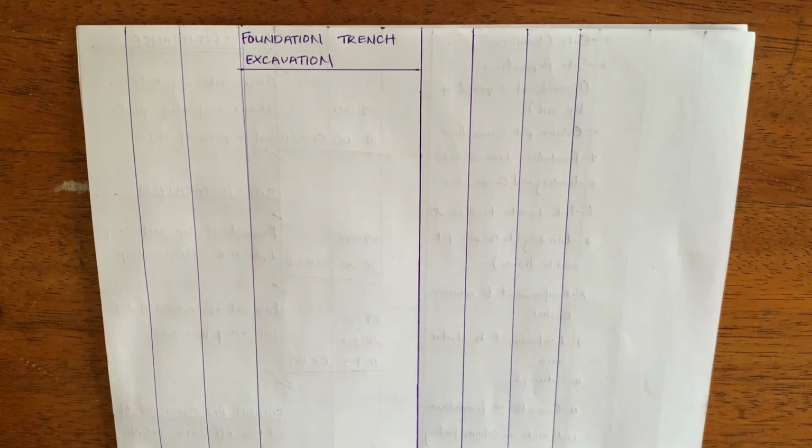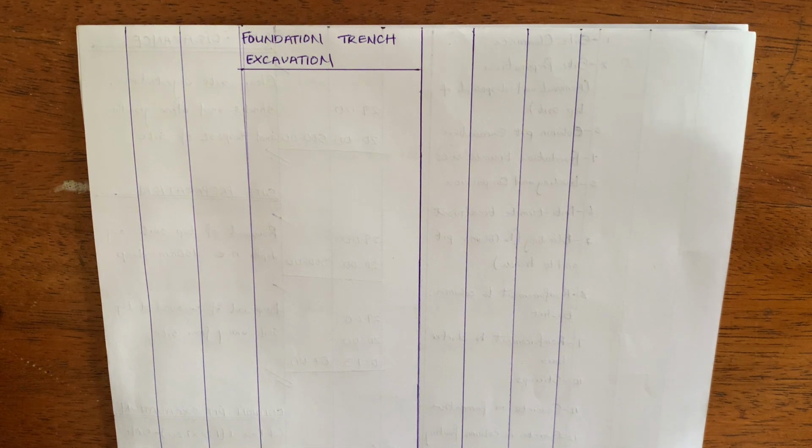So in order to get the measurements for the foundation trench, you need to know that foundation trench excavation is measured in what? Meter cube. So we're going to be needing three things. We're going to be needing the total distance or the total center line of the trench, the width of the trench, and the depth of the trench.